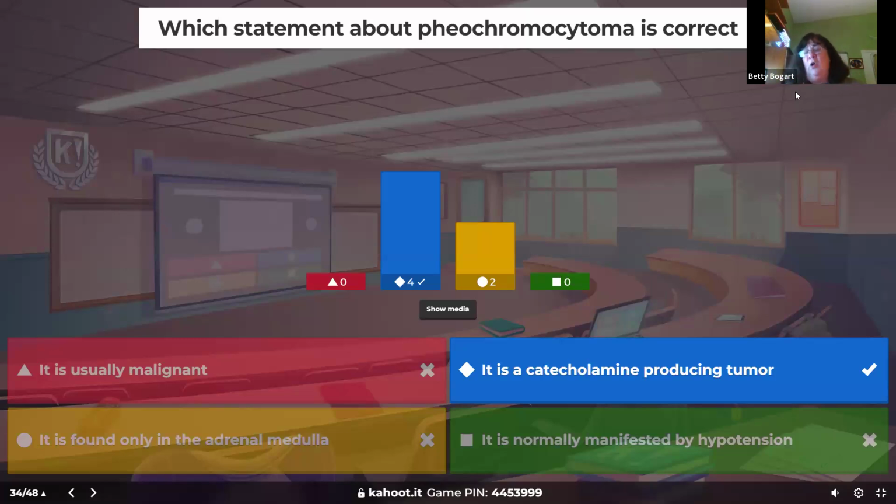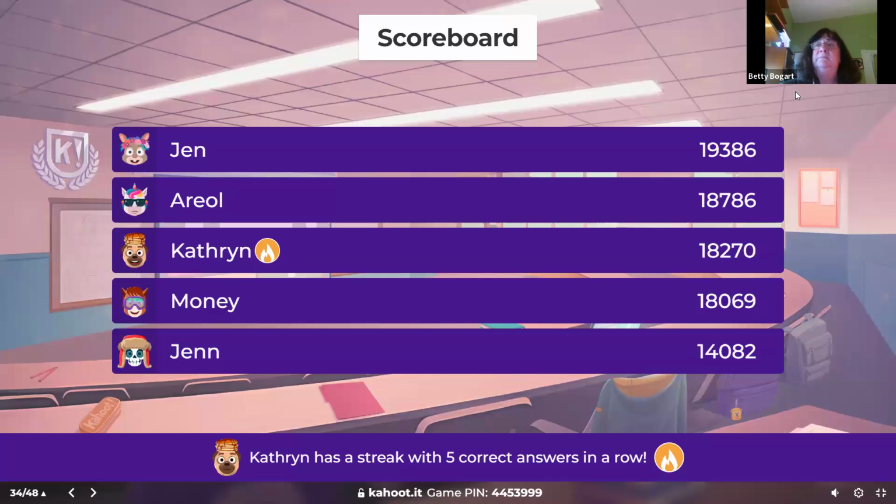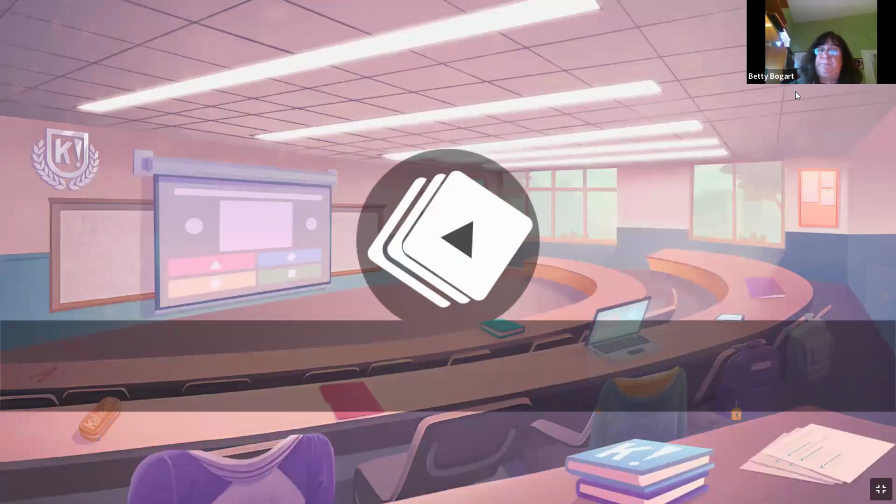It's a catecholamine producer that's on the adrenal gland. Very difficult to diagnose because you're showing cardiac symptoms. So they do a whole cardiac workup. And then they say, all right, let's do a CAT scan of the abdomen, and they find it. So we as nurses are going to be concerned about when they start having those dizzy feelings, chest tightness, elevated vital signs, that we do the vital signs, see what's going on. And they just remove it.